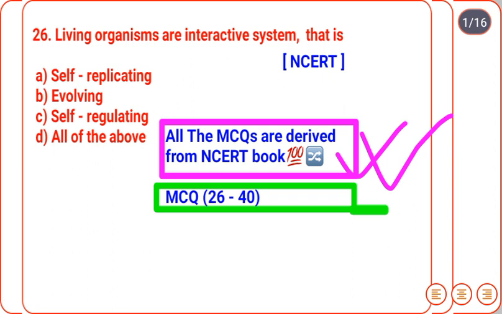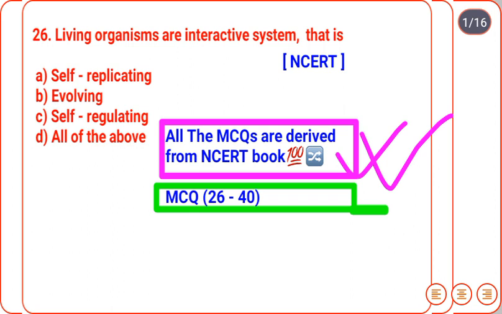Question number 26. The living organisms are interactive systems, that is, self-replicating, evolving, self-regulating, all of the above. First we should think about the correct option, and then we will find the answer.